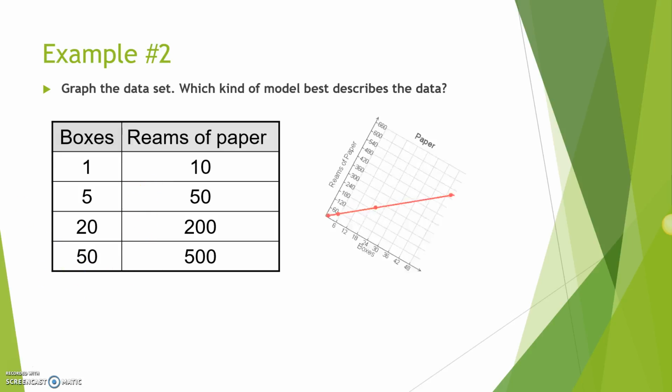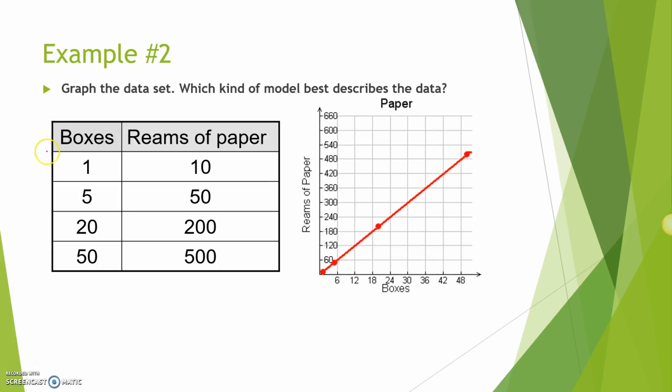So when I graph this, boxes is representing my x-axis, reams of paper is representing my y. Notice they counted the x-axis going by 6s, and then they went up by 60s along the y-axis. So this here is creating a linear function, a linear graph based on the data, and when we graphed it, that's what it comes out to be.